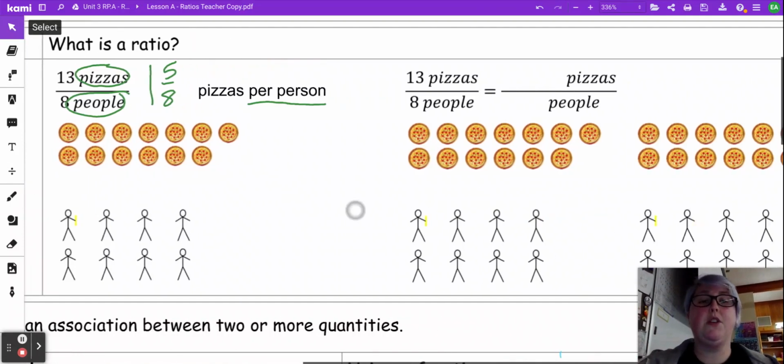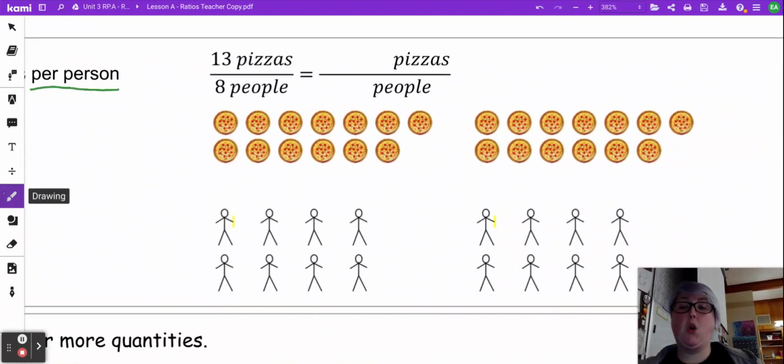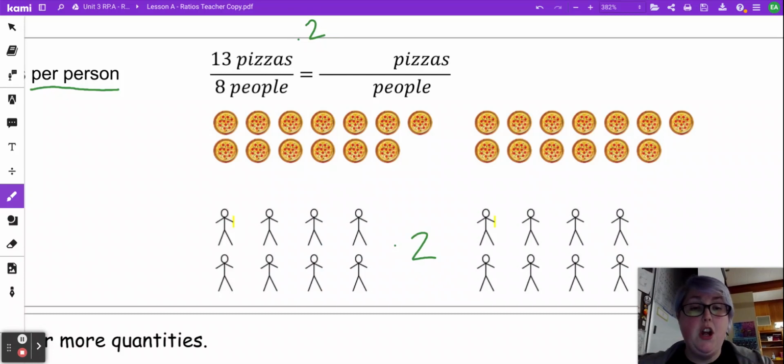You can also use your factors to make equivalent ratios, make ratios that are the same with a common factor. So 13 pizzas, if we multiply by 2, because you'll see here we have two different groups of people, that gives us 26 pizzas, and 8 times 2 is 16 people.